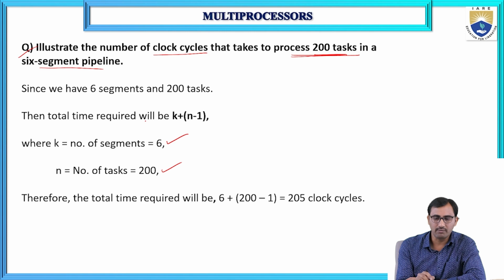The total time required is k plus n minus 1, so 6 plus 200 minus 1, which is equal to 205. So to process 200 tasks in a six-segment pipeline, we require 205 clock cycles.